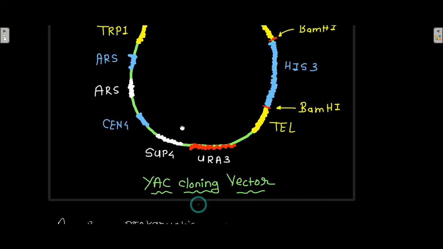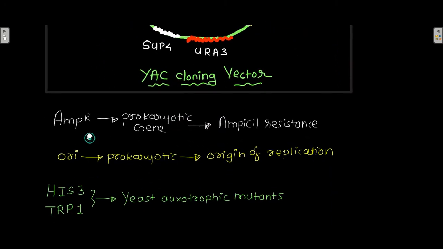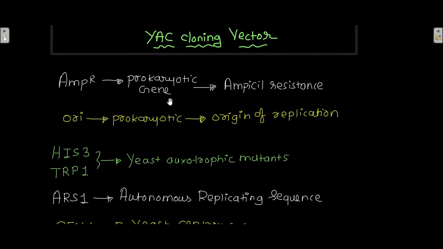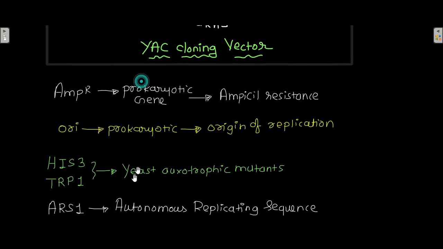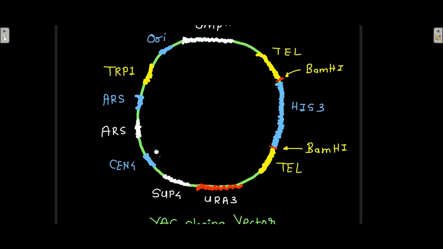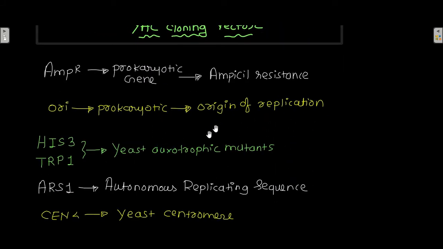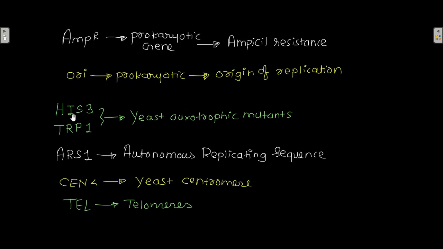Now this AMPR is the prokaryotic gene for ampicillin resistance, then ORI, which is present here, is the prokaryotic origin of replication. HIS3 and TRP1 are the yeast auxotrophic markers, not mutants.